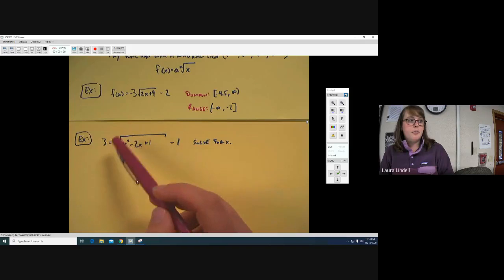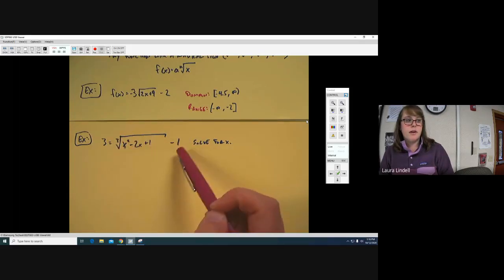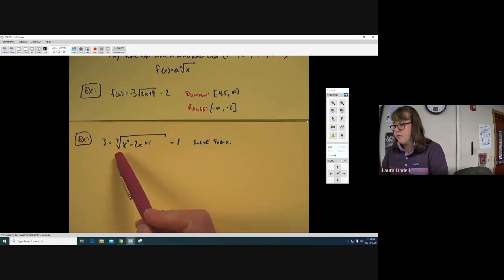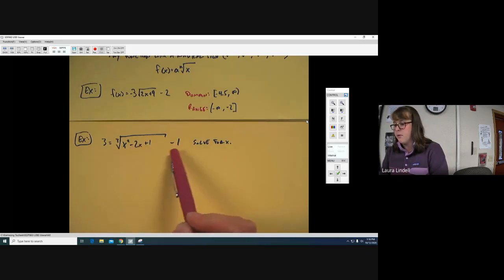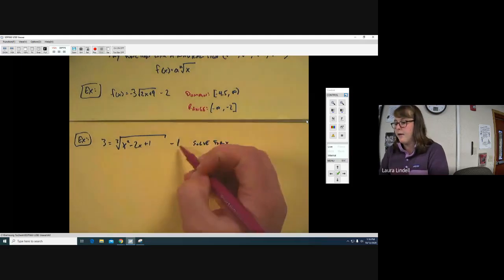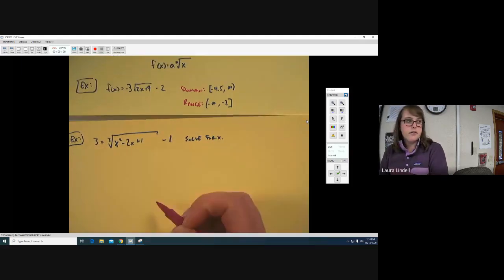I would need to cube this cube root -1 as an expression. So I would have to multiply cube root of x squared minus 2x plus 1 minus 1 times this whole thing times this whole thing again. And we would have to do all the double distributing that involves, which is a lot of work and makes things uglier. So we want to make sure that if we do have anything hanging out here, that we move it over first.